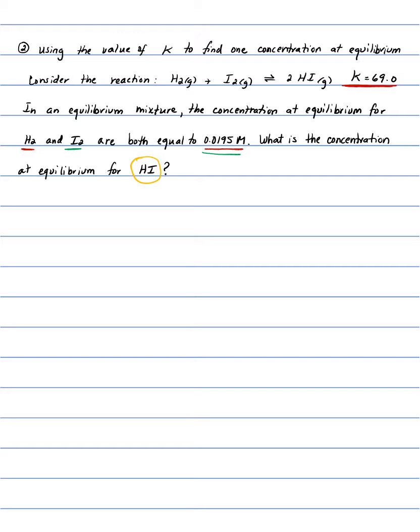So let's write down the equilibrium constant expression for this problem. You have the equation right there. Your product is HI, coefficient 2, so that will be squared. Your reactants are H2, coefficient of 1, and I2, coefficient of 1.